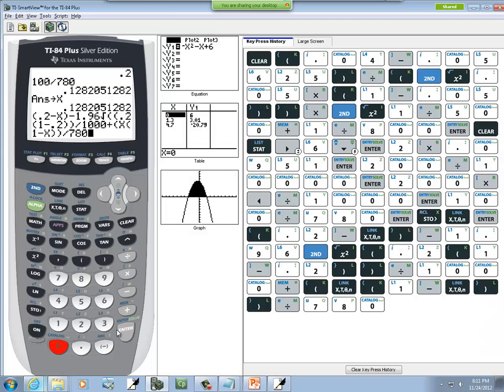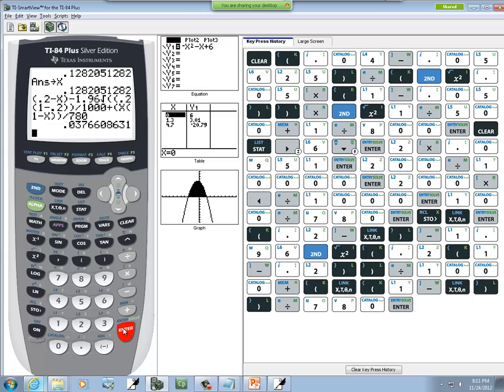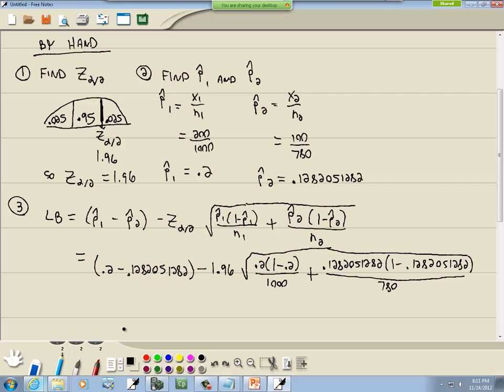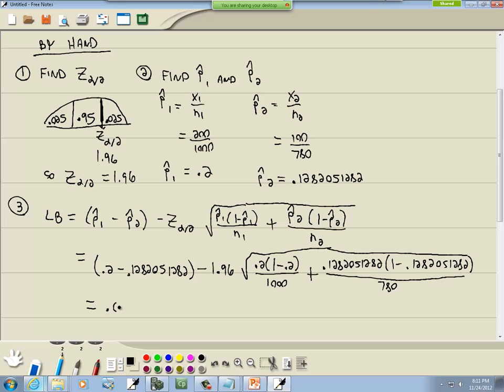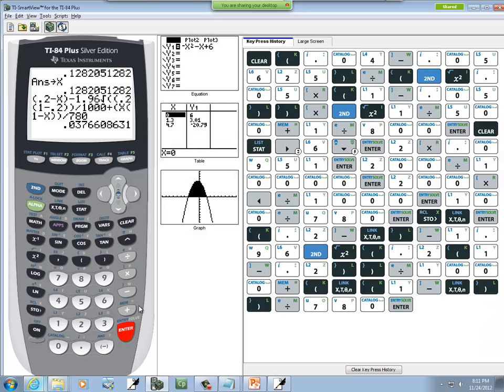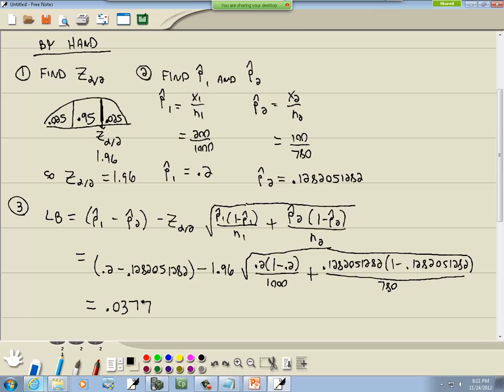It'd be a miracle if I typed that incorrectly. And we get this. I'll take it to 4 decimal places. 0.0377. That's our lower bound.